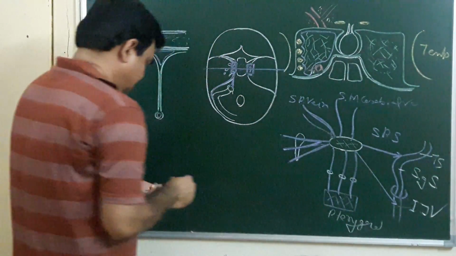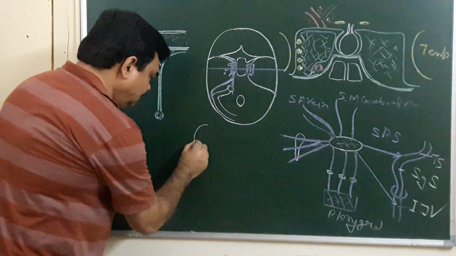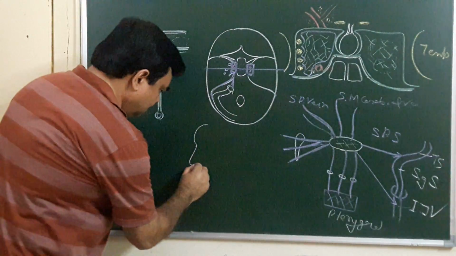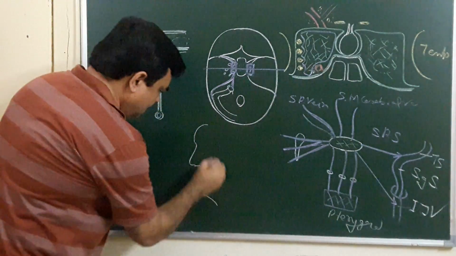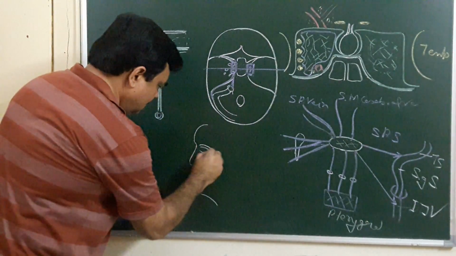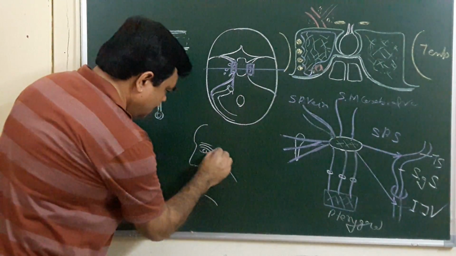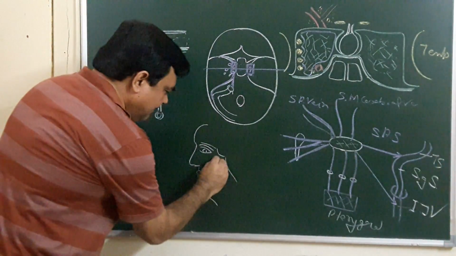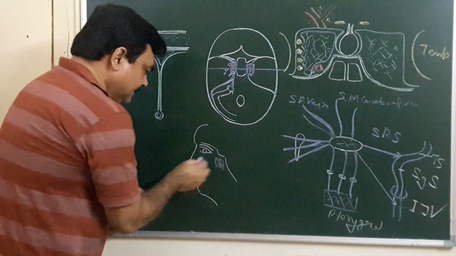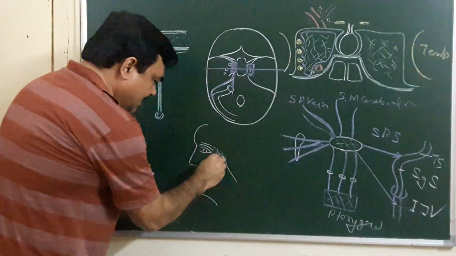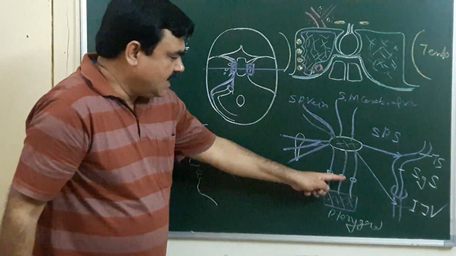Here is the position of the pterygoid venous plexus, and here is the position of the cavernous sinus, with numerous openings: foramen ovale, emissary sphenoidal foramen, and foramen lacerum.